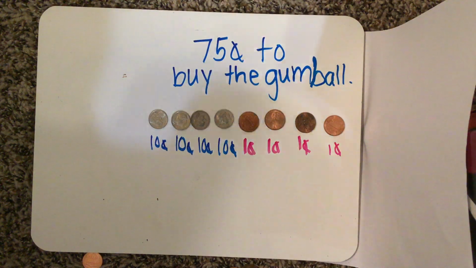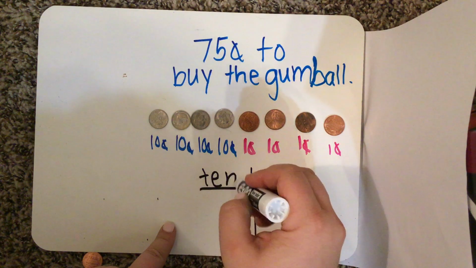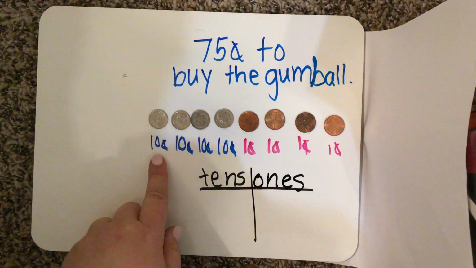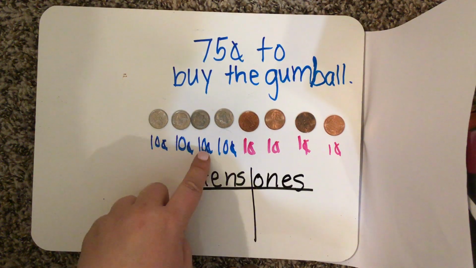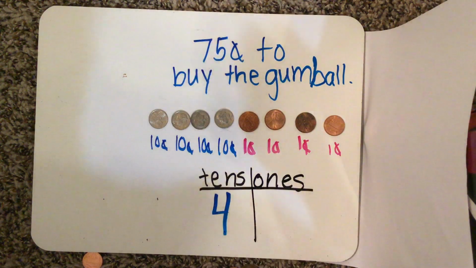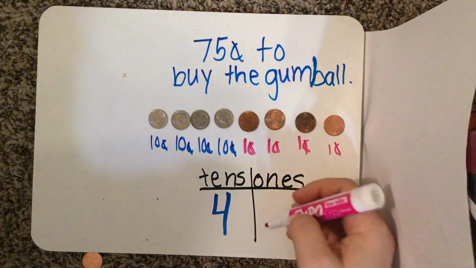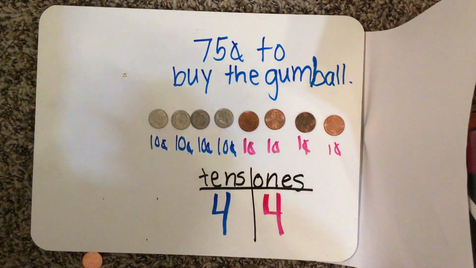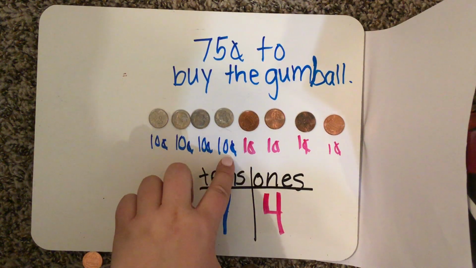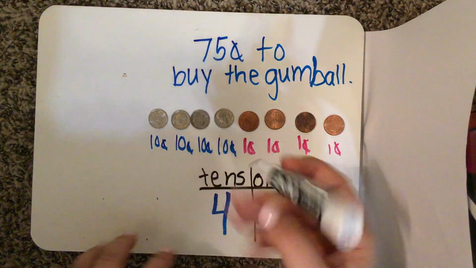So when I draw out my tens and ones, I see that I have 1, 2, 3, 4 tens, and I have 1, 2, 3, 4 ones. So when I count it together, I have 10, 20, 30, 40, 41, 42, 43, 44. I have 44 cents.